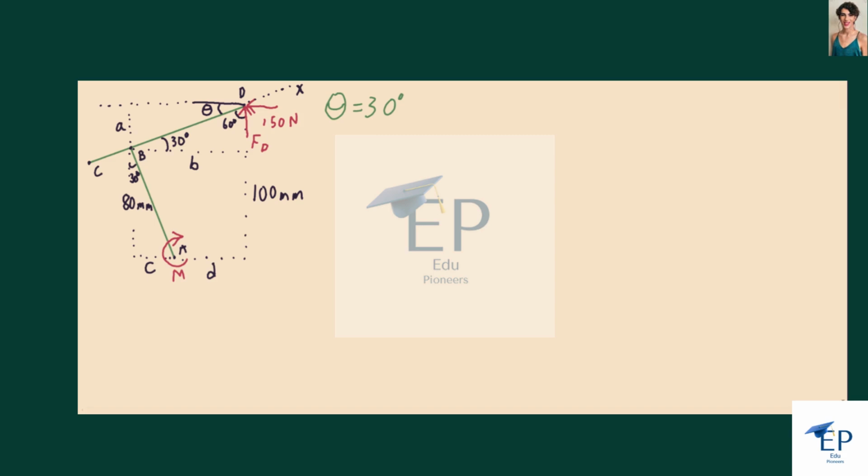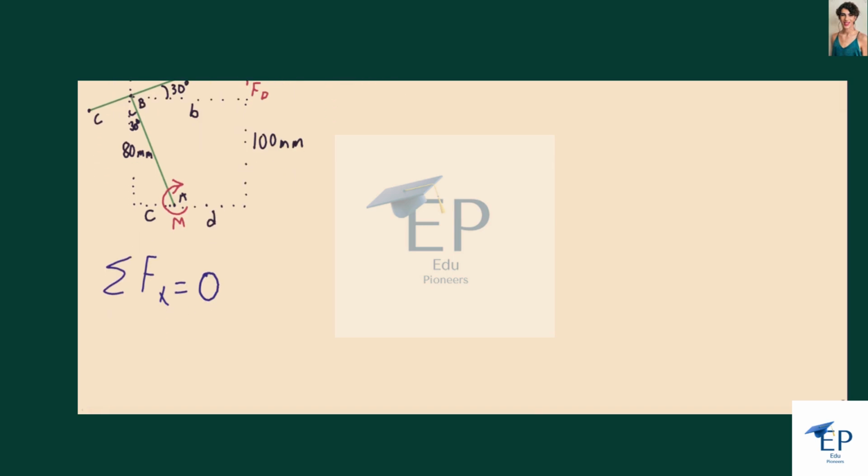So we'll start by saying that the sum of forces in the x direction is equal to 0. And to get the force F of D, we can say that F of D times the cosine of 60 minus 150 times the cosine of 30 is equal to 0.